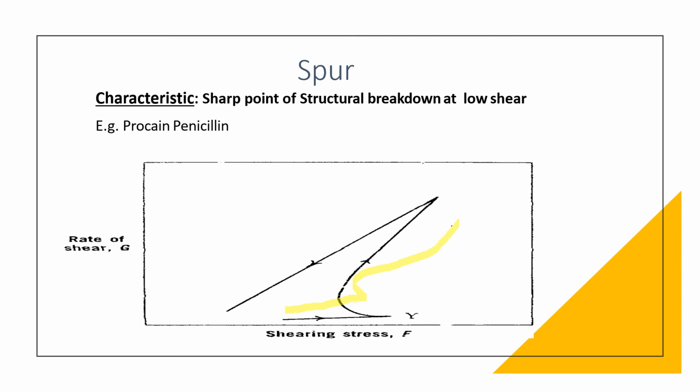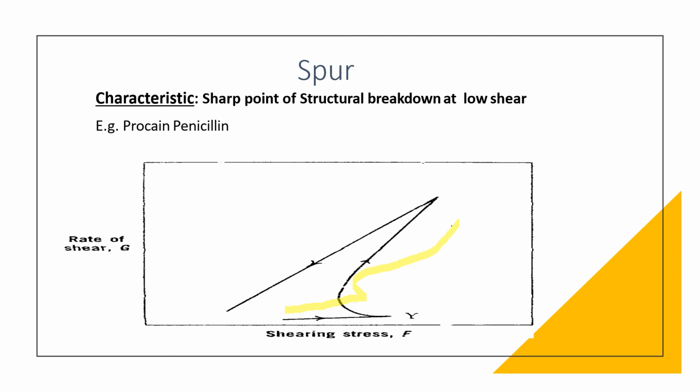That is how procaine penicillin is useful, by showing the spur like consistency in its flow pattern. It will form a depot inside, and it can offer the prolonged blood level of procaine penicillin in the blood.